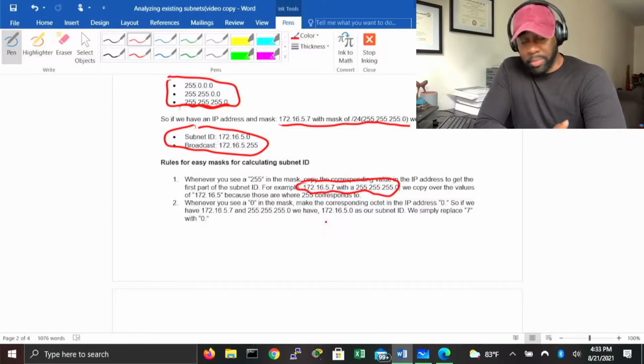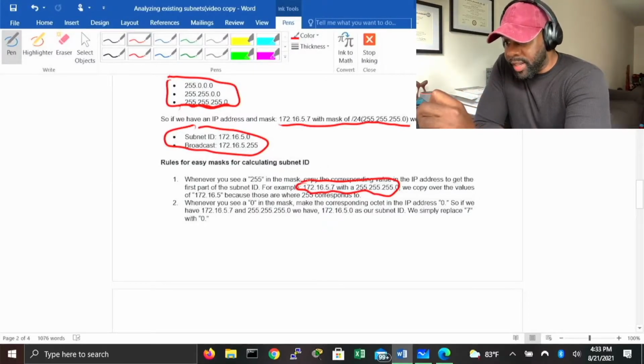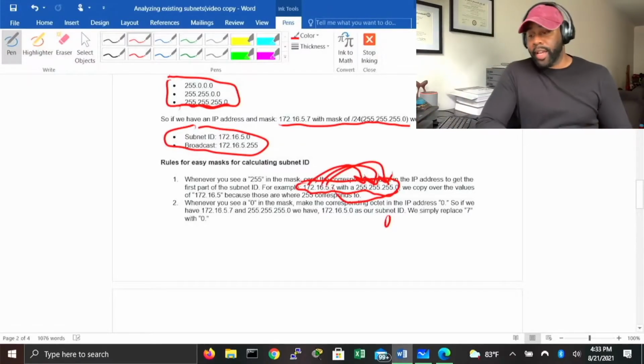We simply replace the 7 with the 0. So we see how all of that works out. We're simply copying it over, and then when it comes to the 0, we have 0. It's as simple as that. It's super straightforward with easy masks.